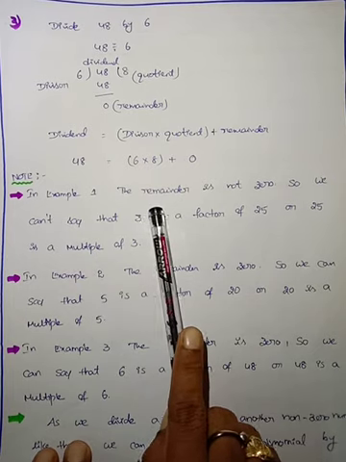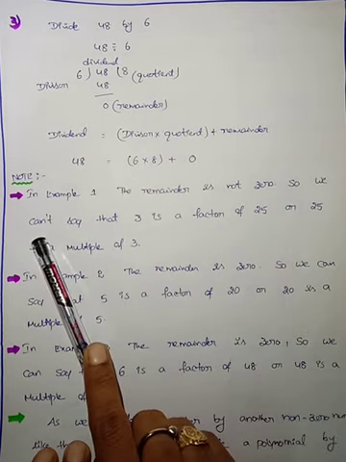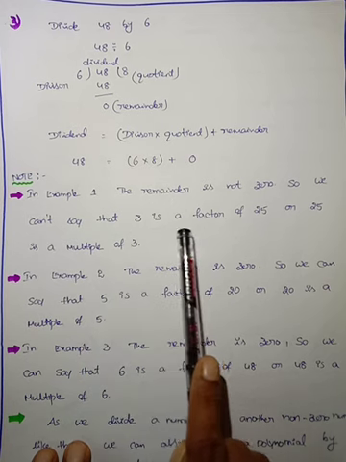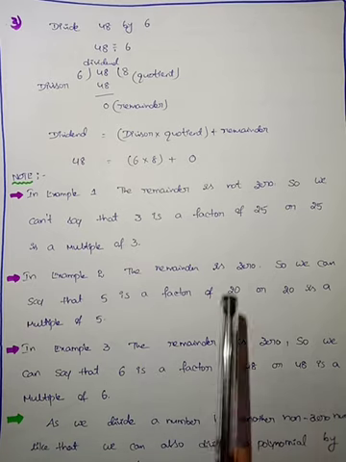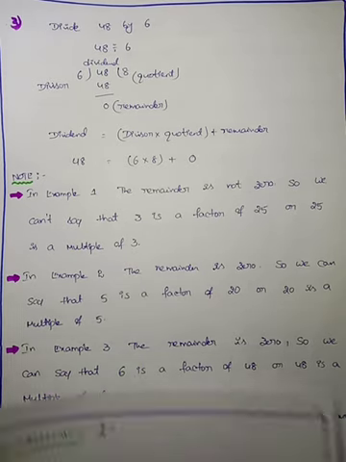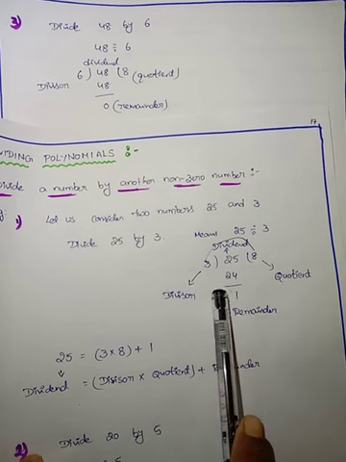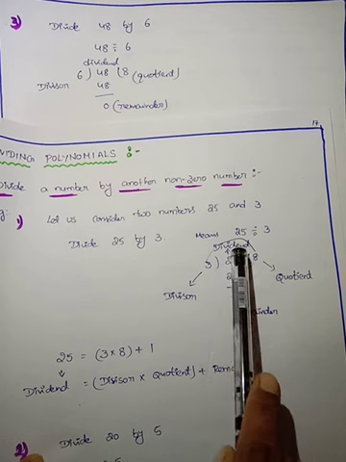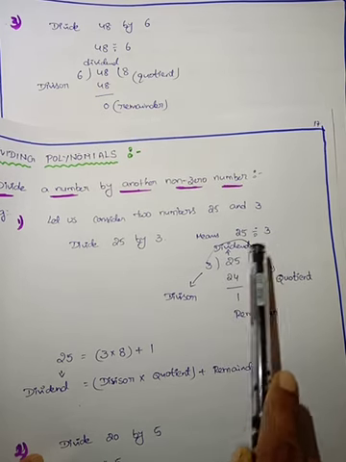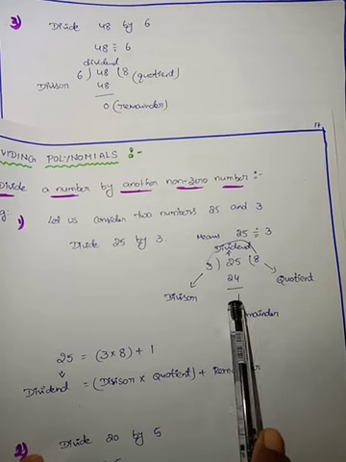Now what do we understand? In example 1, the remainder is not 0. So we can't say 3 is a factor of 25 or 25 is a multiple of 3. See, there is a remainder 1. You divided 25 by 3. It is not divisible totally.